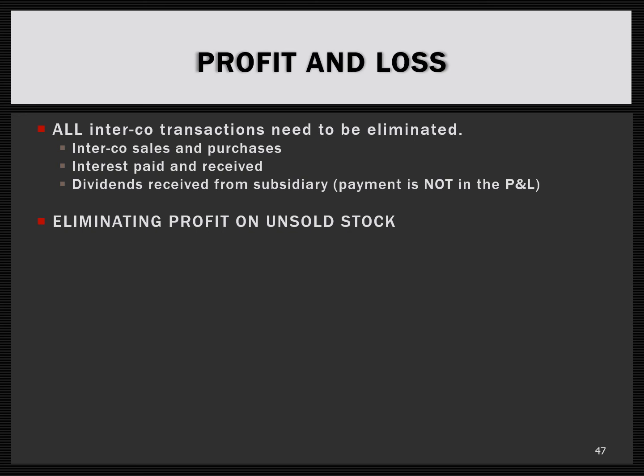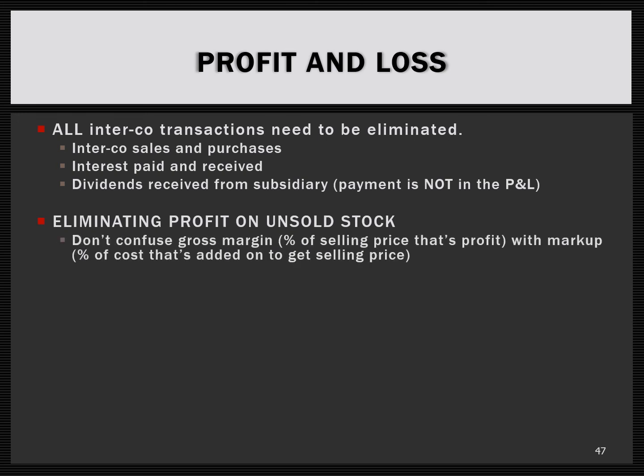There will undoubtedly be an adjustment required for unrealized profits where stock's been transferred between companies within the group. When you're working out the unrealized profit, make sure you don't confuse gross margin and markup if you need to calculate that. Gross margin tells you the percentage of the selling price that represents the profit.